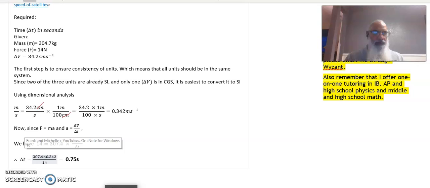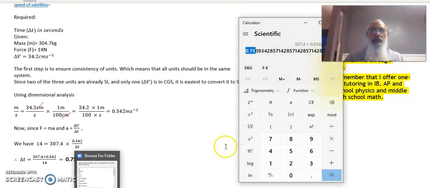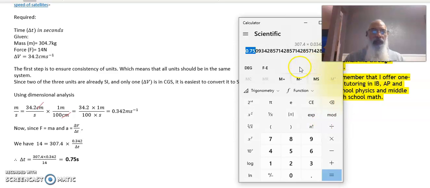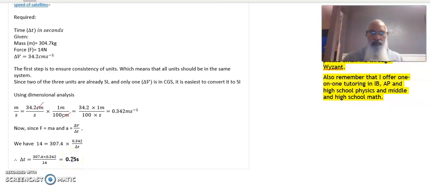Let me go ahead and pull up the calculator. And we have, what do we have here? Let's see, it's 307.4 times 0.342 divided by 14, and that comes out to 7.51. 7.51 seconds.